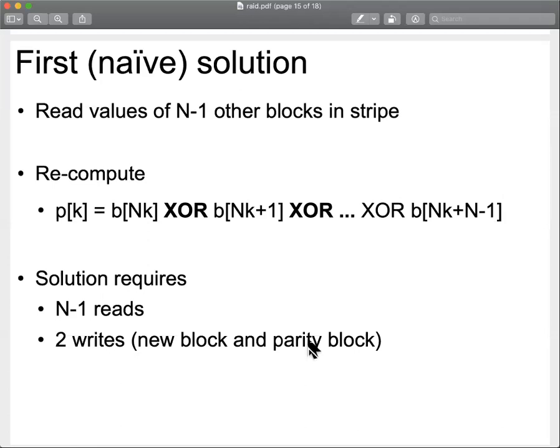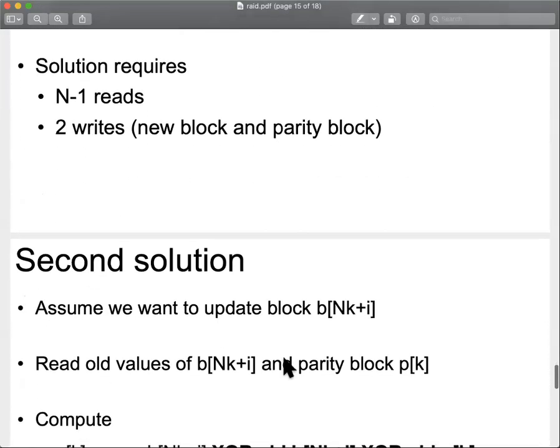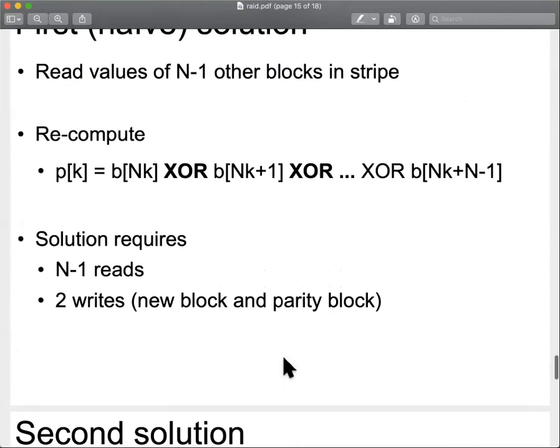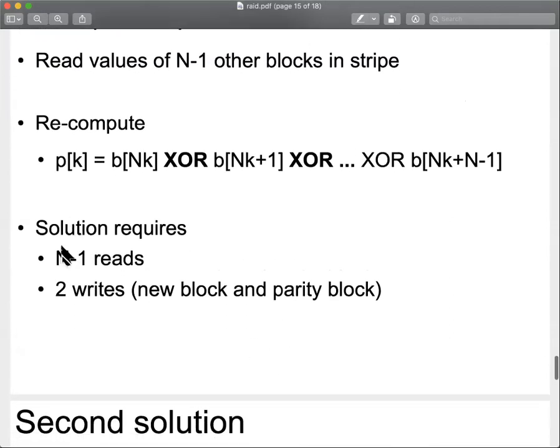Okay, I'm going to assume that everyone is on the same page, and then we'll see how we can recompute the parity without doing these n-1 reads.